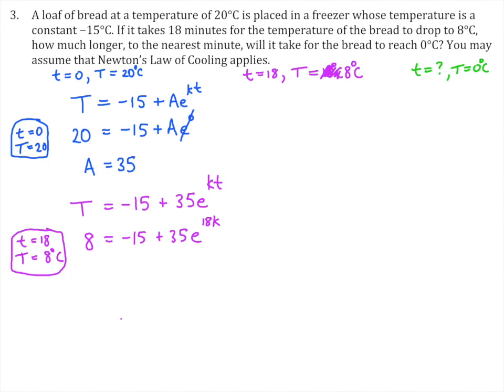Let's plus 15 to both sides. 8 plus 15 is 23. Divide both sides by 35. Take the natural log by sliding the bases.